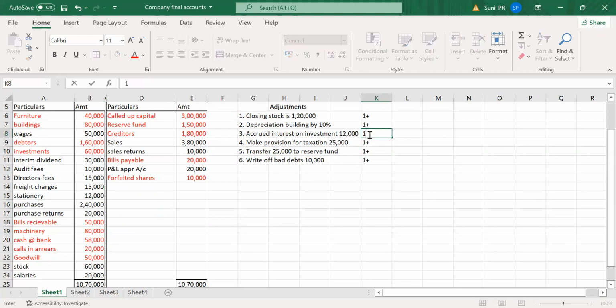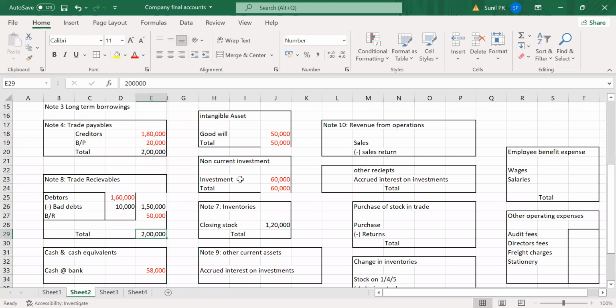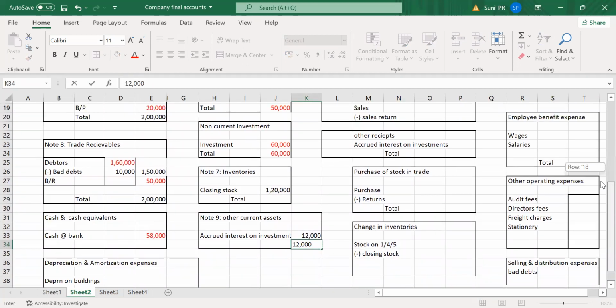It is like an interest on investment. Once you take it here, 12,000, you can call it as other current assets, accrued income. So you can put 12,000 under other current assets. This is accrued interest on investment. So 9 notes is over now.